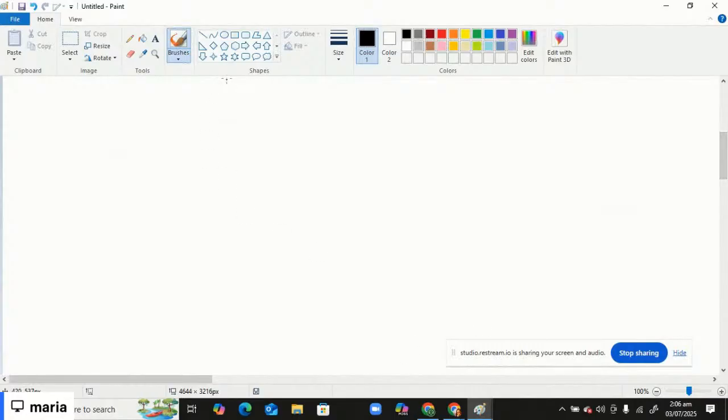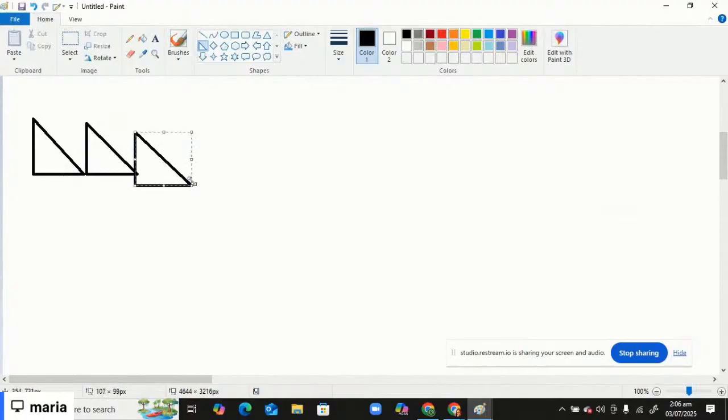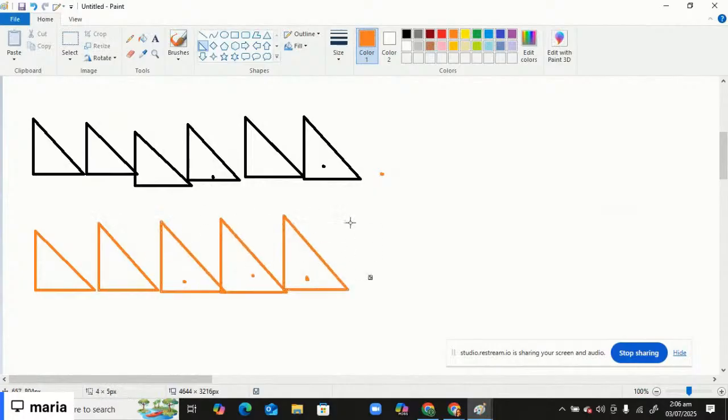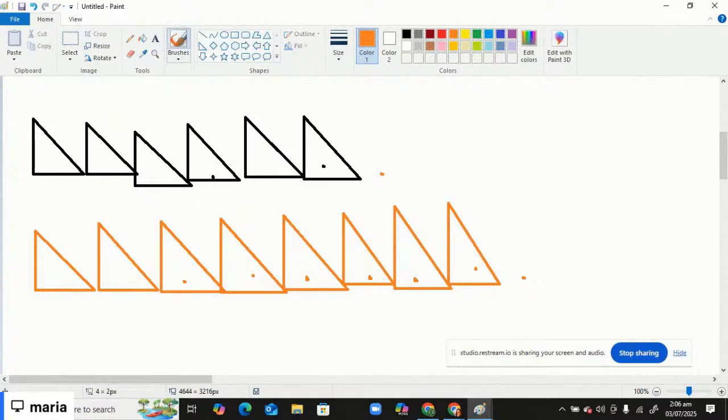Now let's discuss the next one. For example, here I'm going to draw the triangles again. Now count it, everyone, how many there are, and then I'm going to draw the triangles in orange color. Now tell me which one is more, the triangles in the black color or the triangles in the orange color?